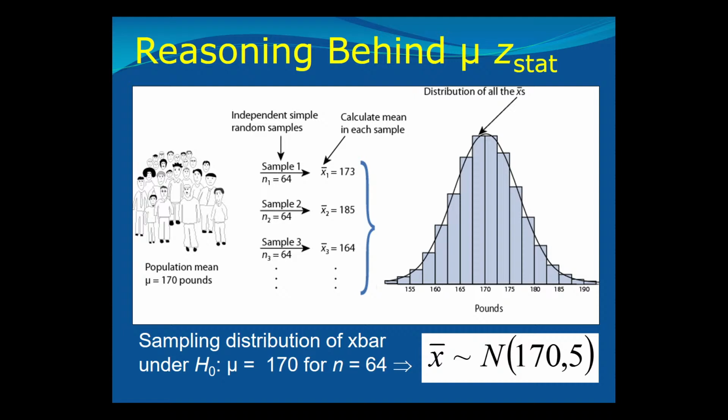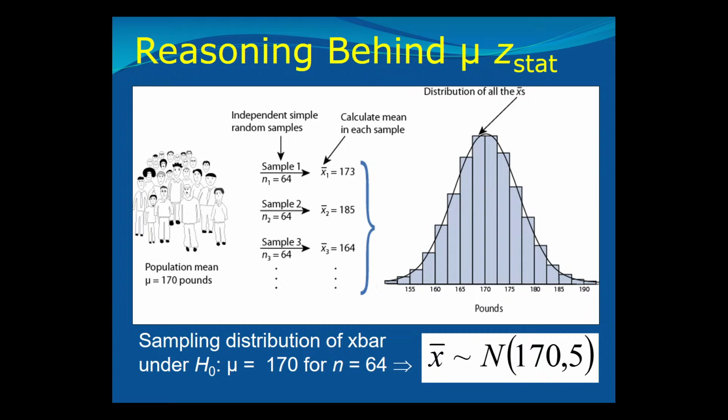At this slide you see an explanation of this example. We know that the population mean body weight in the 70s equals 170 pounds. Nowadays we draw different simple random samples, and the size of these samples is the same and equals 64 persons.